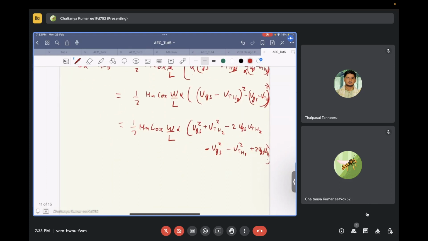Okay, so this is equal to half mu n Cox W by L times alpha.